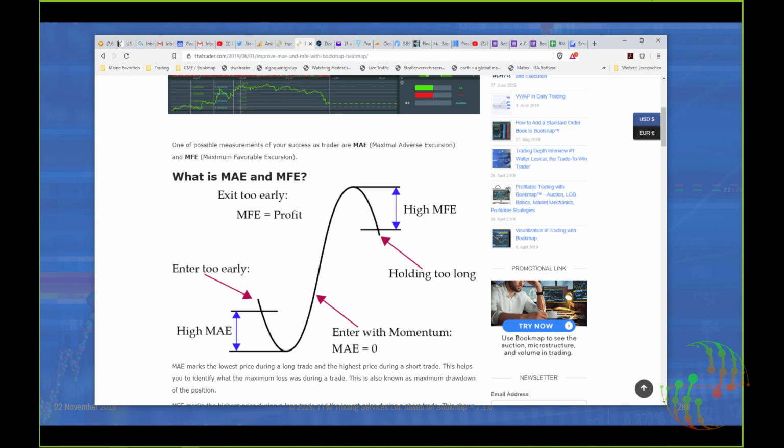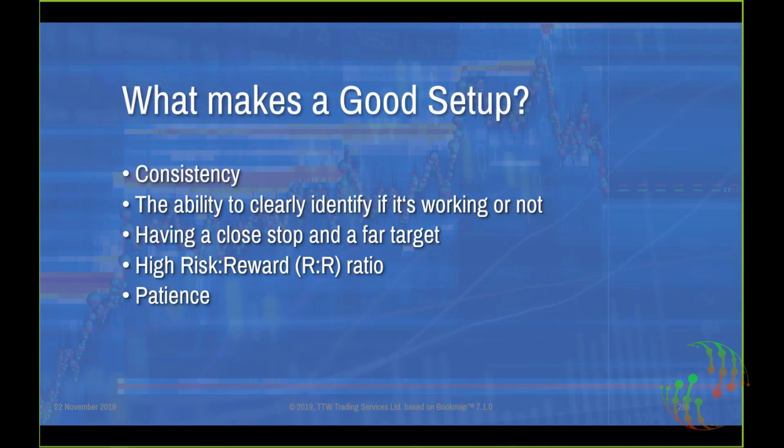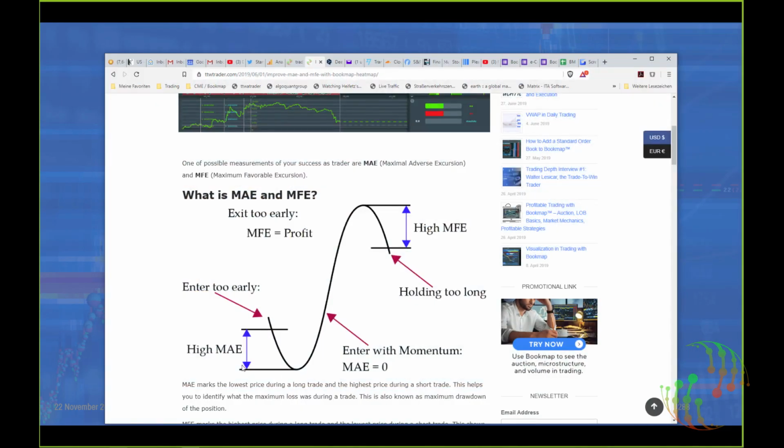With the knowledge of this week, and the knowledge about liquidity, about absorption, about exhaustion, about the strategies, it is highly possible to enter a trade with the smallest possible MAE.